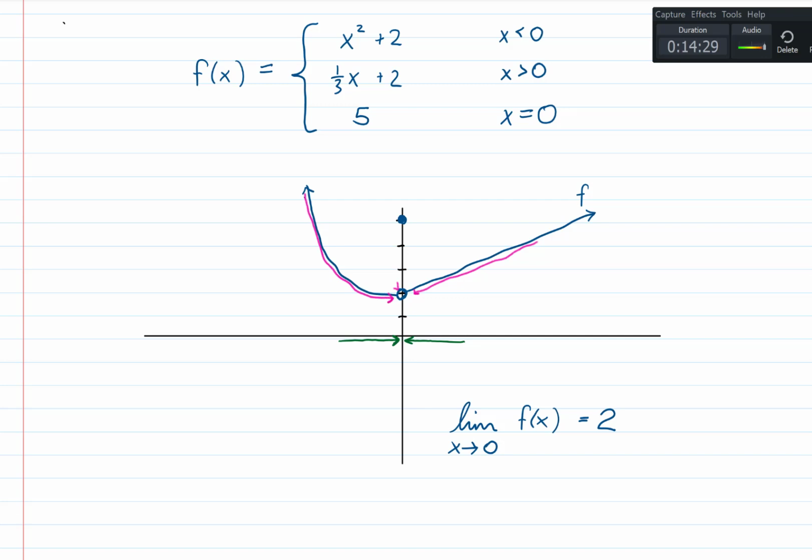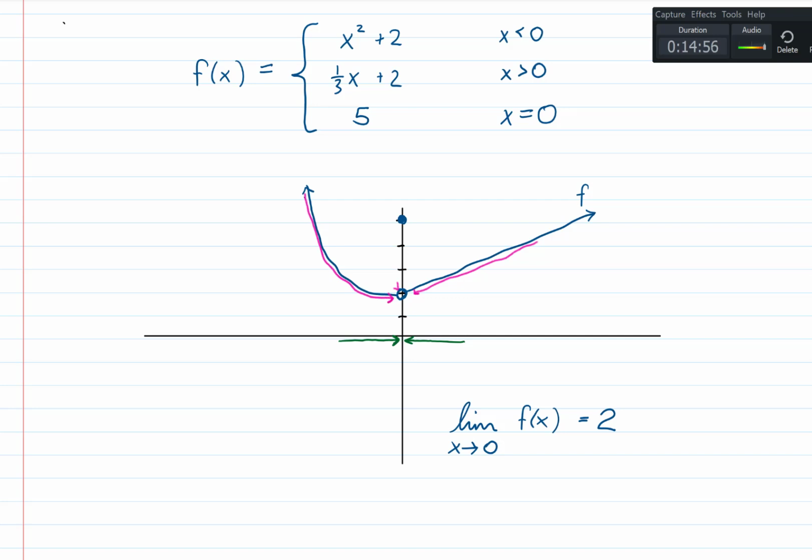When you're doing limits and you say as x approaches a, that means you let x get arbitrarily close to a. It does not mean you're letting x reach a.